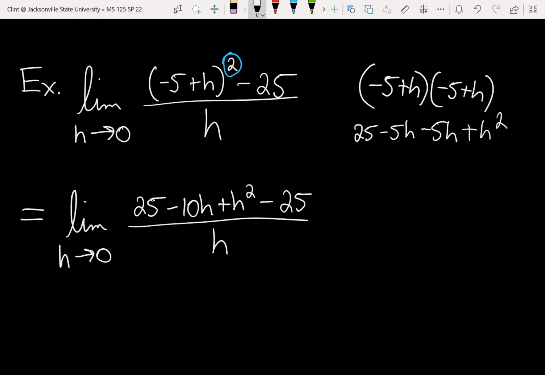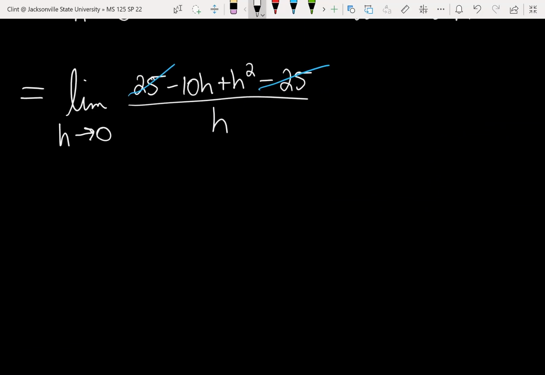Anything useful that comes out of that? One thing kind of jumps out. What goes away? Yeah, 25 minus 25. And our goal is trying to get rid of that h in the denominator. Any way we can make that happen?